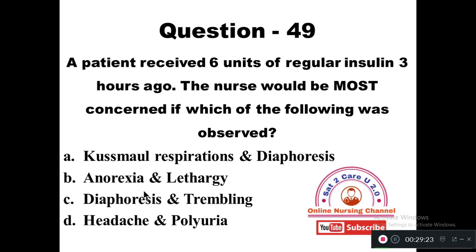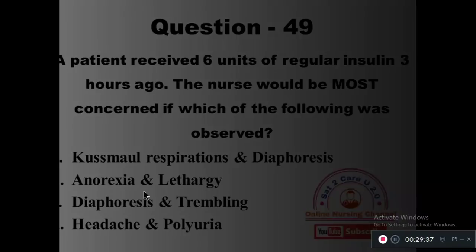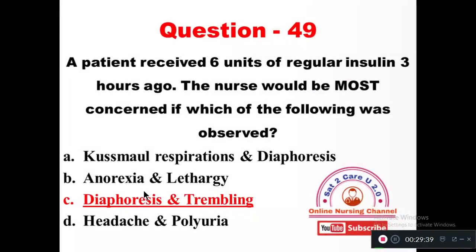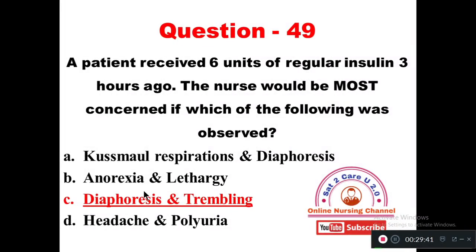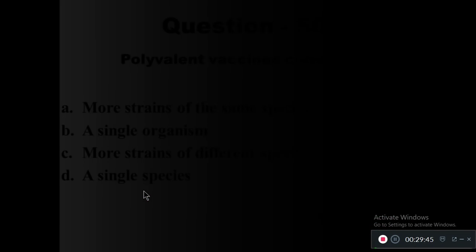So 6 units of insulin was given 3 hours ago. Then the symptom which gives most concern for the nurse would be option C, diaphoresis and trembling sensation. Question number 50.